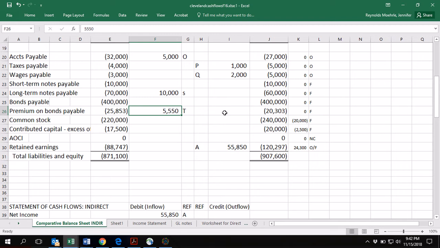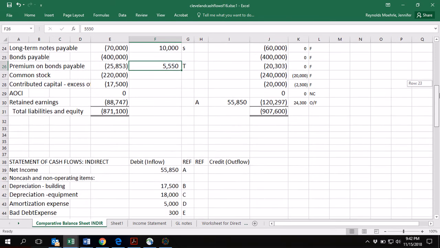So we debited the premium, debited interest expense, and credited cash, which means that for a premium situation, the cash we paid out was always comprised of two pieces. It was the interest expense plus the piece of the premium. So yes, this should go on our statement of cash flows, the premium on bonds payable.